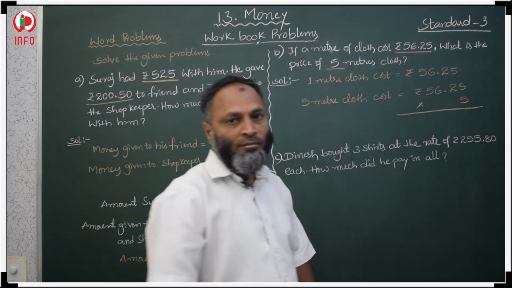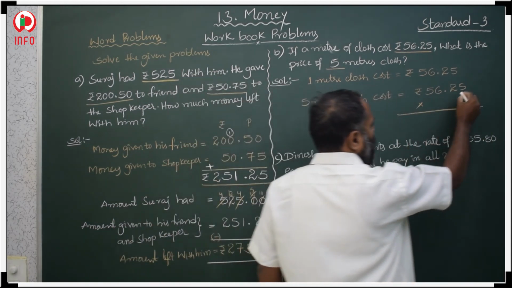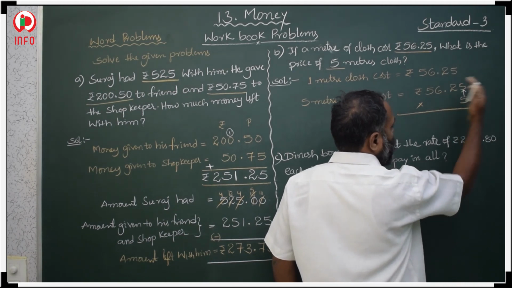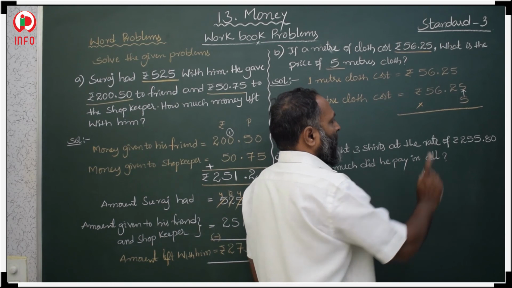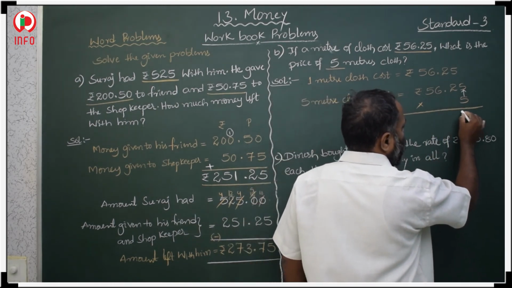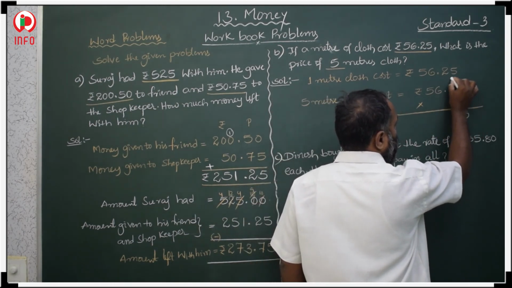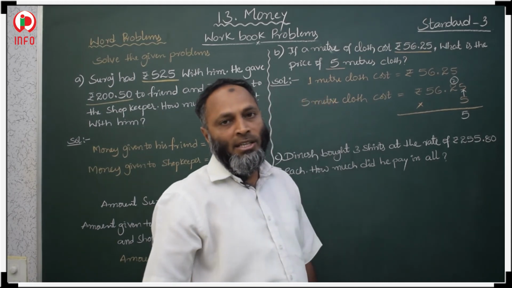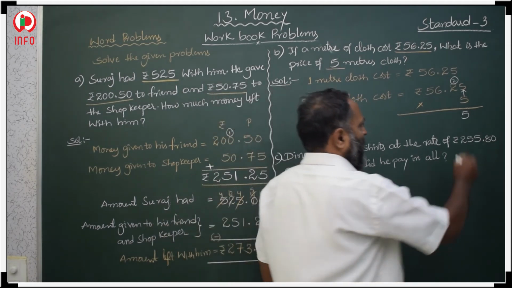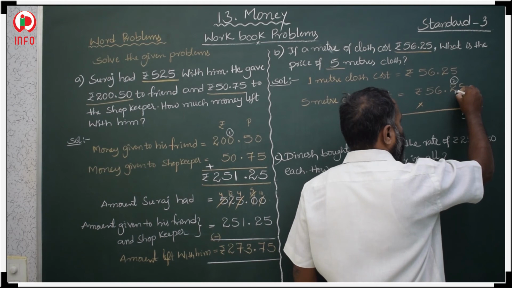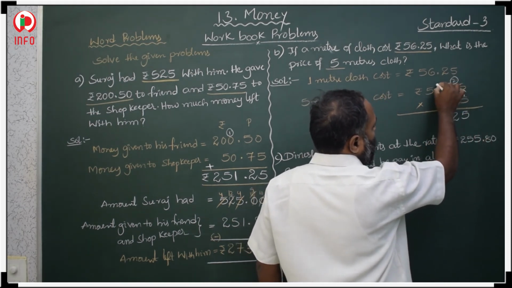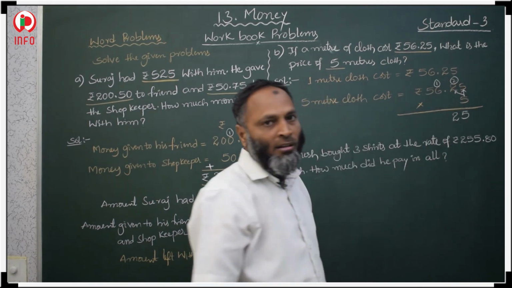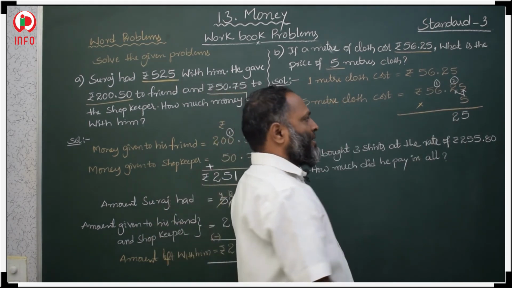Now 5 with 5, 5 5s are 25, the extreme right digit of the paise, that is 5. 5 multiplied with 5, 5 5s are 25, 25 means 5 here and 2 we take as carry over to the next digit of the paise. Then 5 2s are 10, 10 plus 2, 12, 12 means 2 here and 1 we take as carry over to the next digit of the rupees.